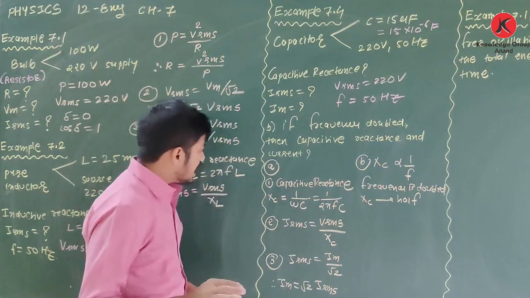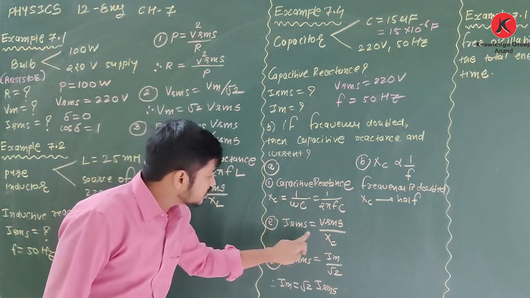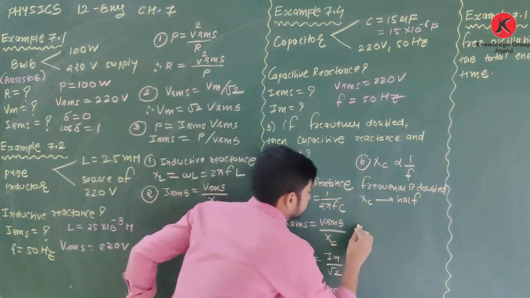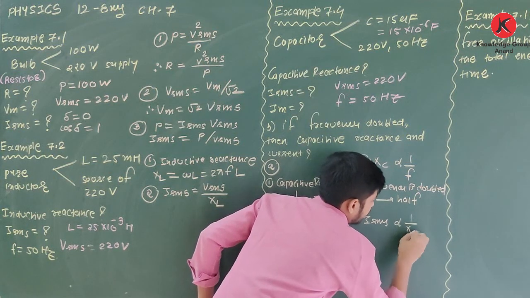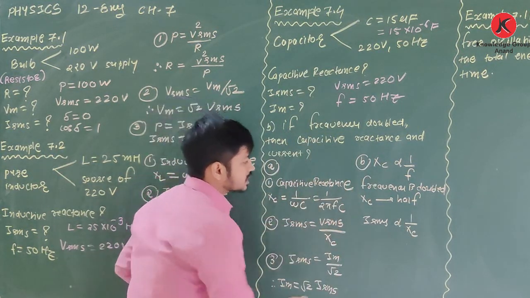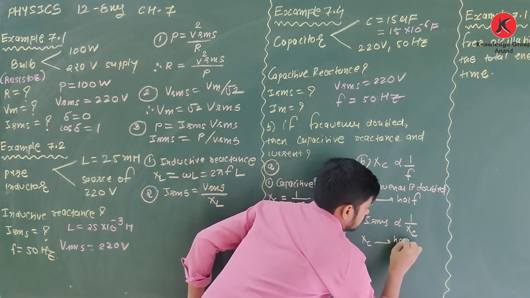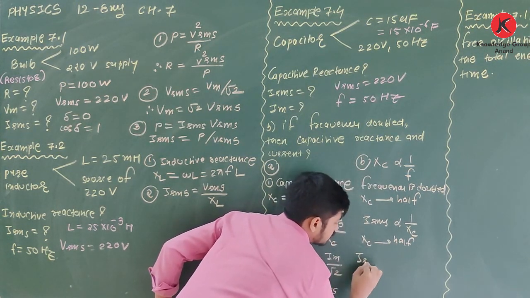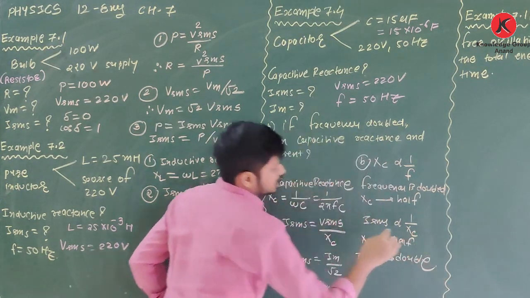Any doubt? Another one, reactance and current. What is the relation between current and Xc? IRMS is proportional to 1 upon Xc. Now Xc becomes half, so IRMS becomes double. Clear about this?